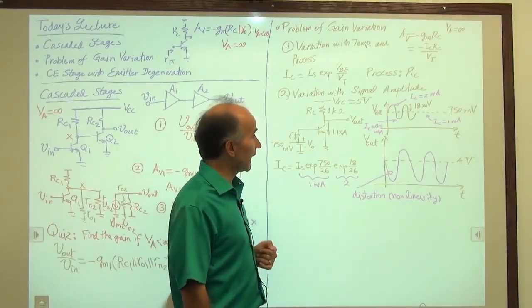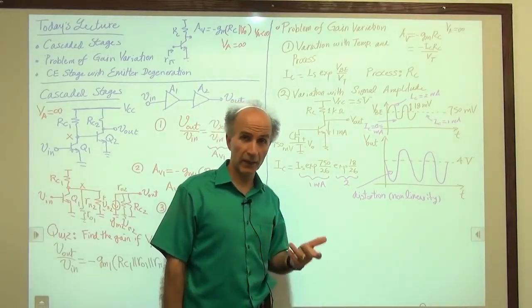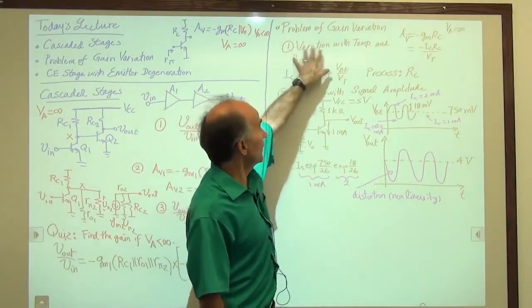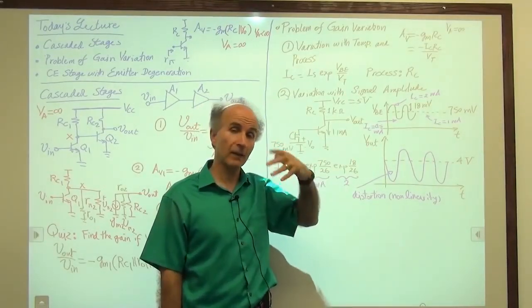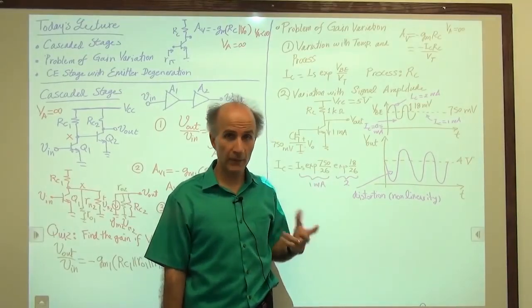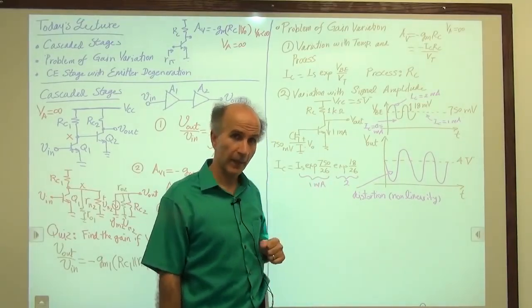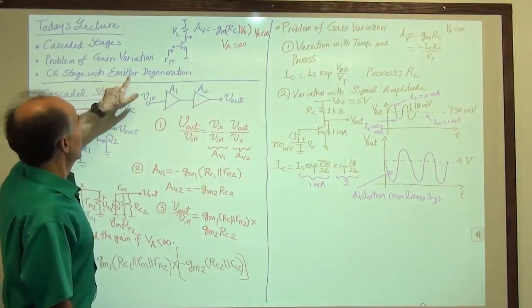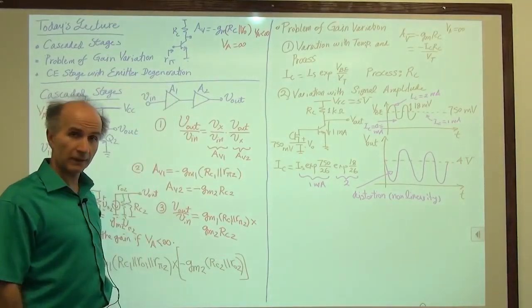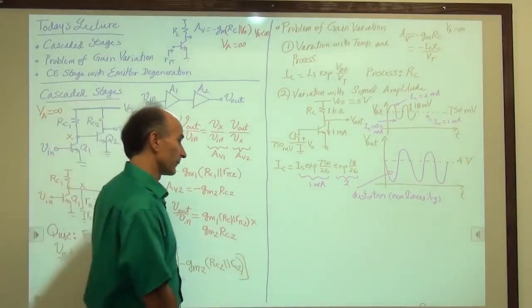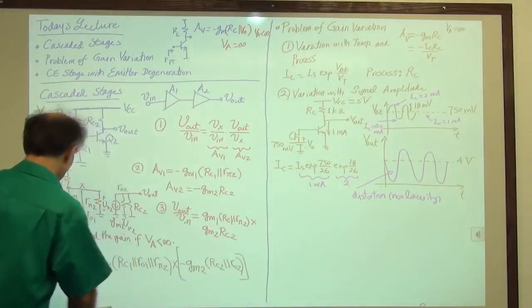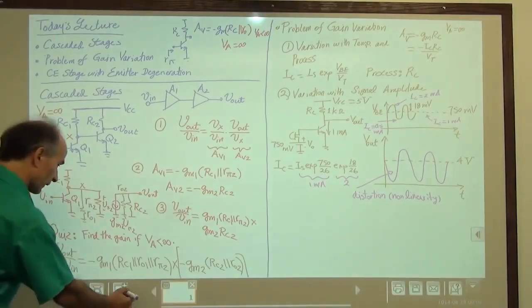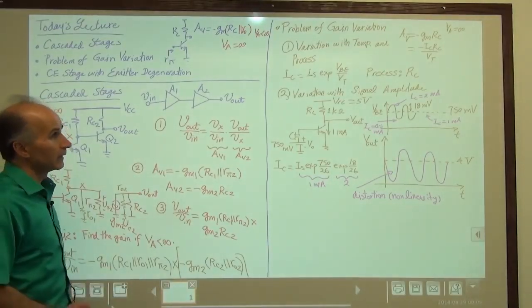All right, now we will look at a circuit, a variant of the common emitter topology that alleviates these problems to some extent. It doesn't completely remove them, but it helps us alleviate some of these problems. And that's what we call a common emitter stage with emitter degeneration. So let's start a new page and work on the common emitter stage.